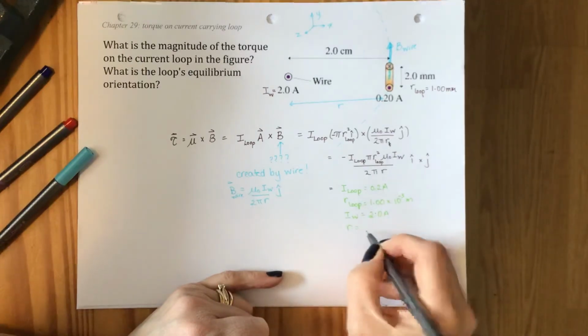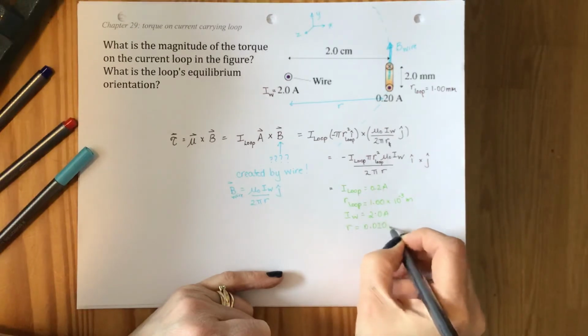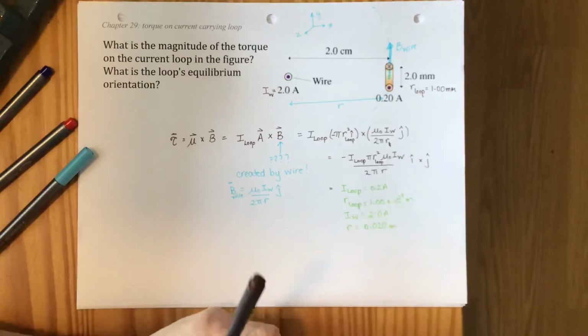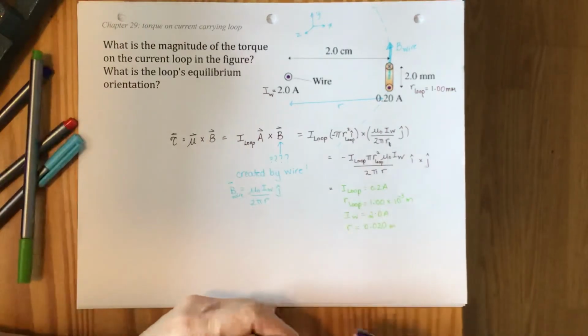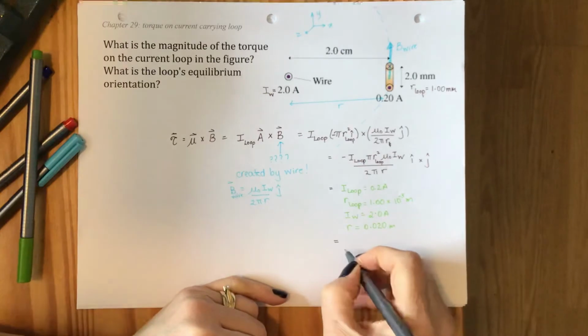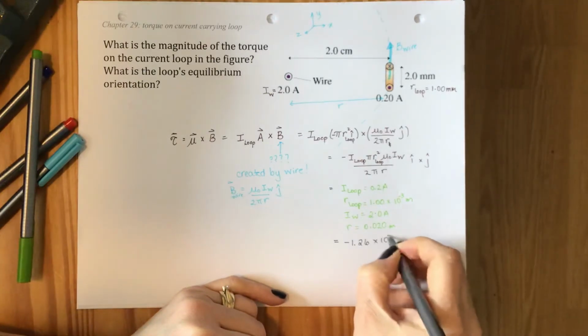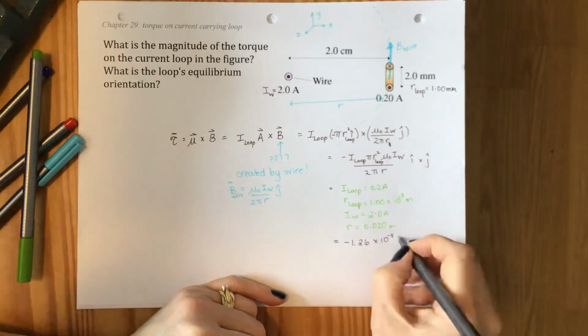R is your distance between the wire and the loop, which equals 2 centimeters, 0.02 meters. And then that's everything. So then the torque vector is equal to minus 1.26 times 10 to the minus 11 k hat.